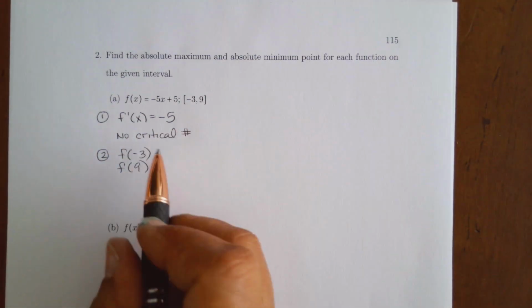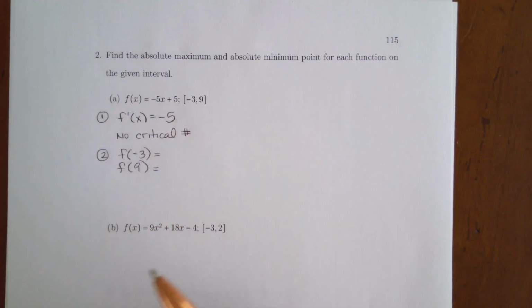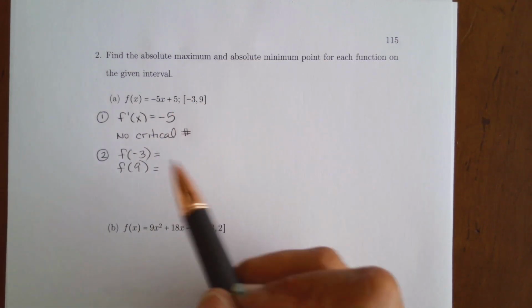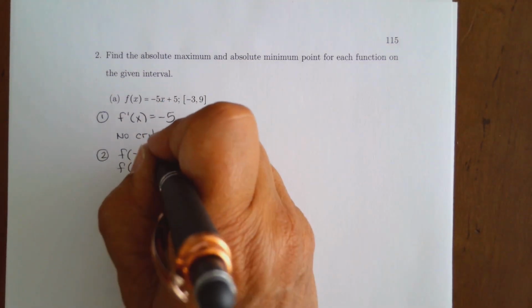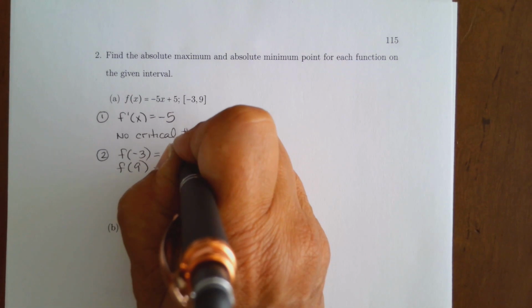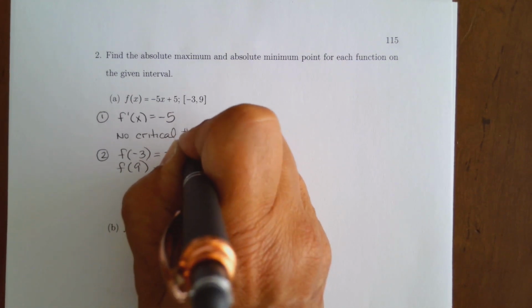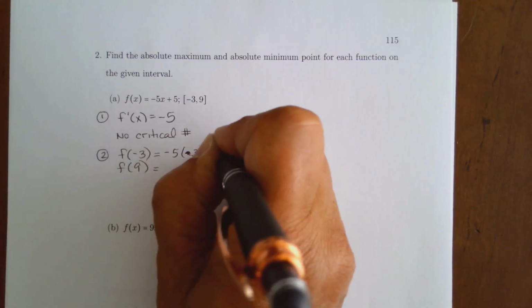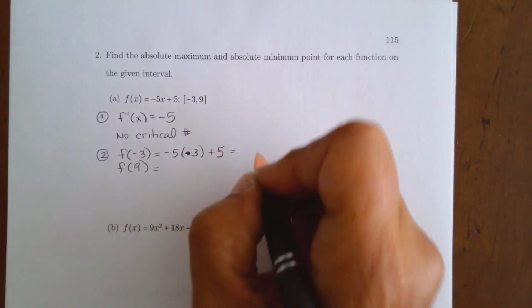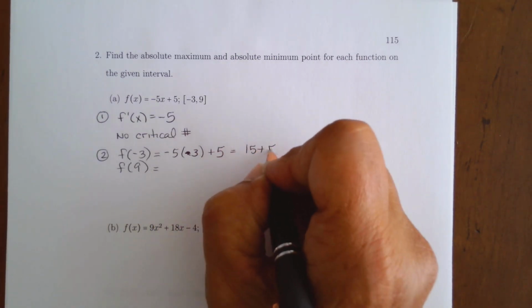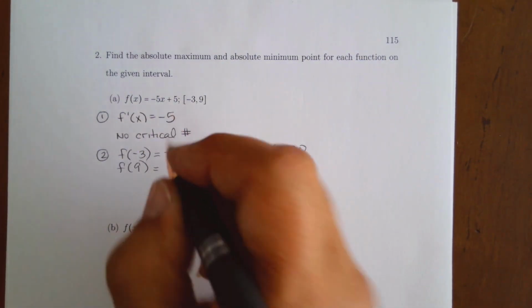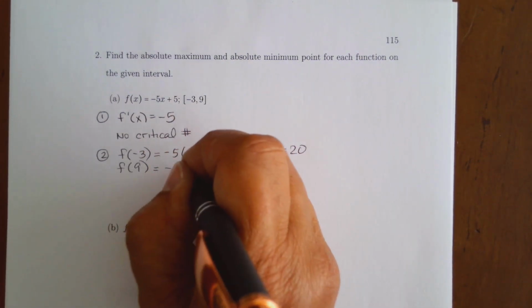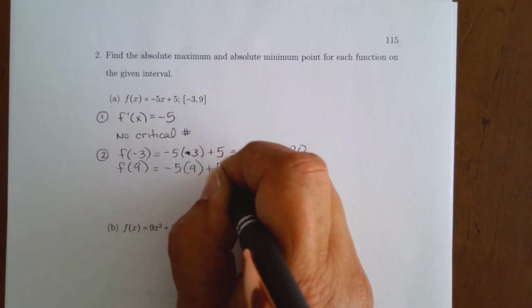Well, there was no critical number, so I just need to find the function values, the y values at -3 and 9. Okay, so we're going to put -3 in here. So -5 times -3 plus 5. So that's +15 plus 5, which is 20. And then we're going to put 9 in here. -5 times 9 plus 5.